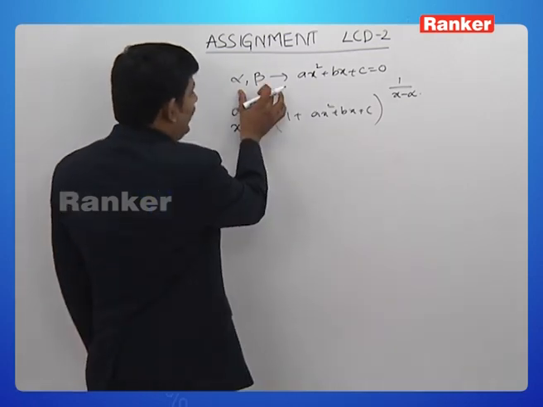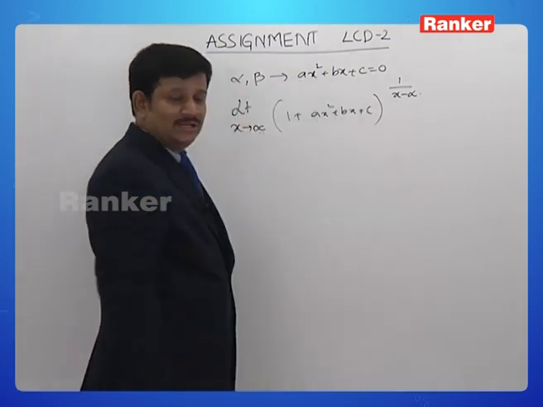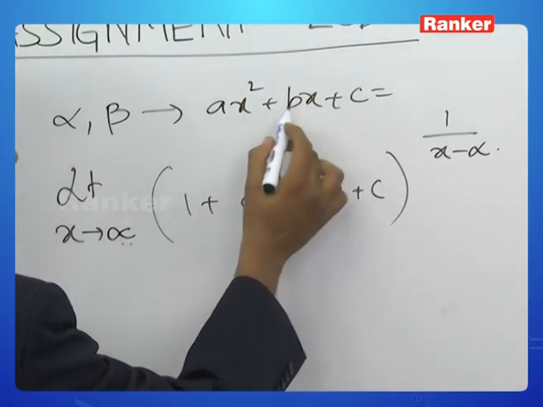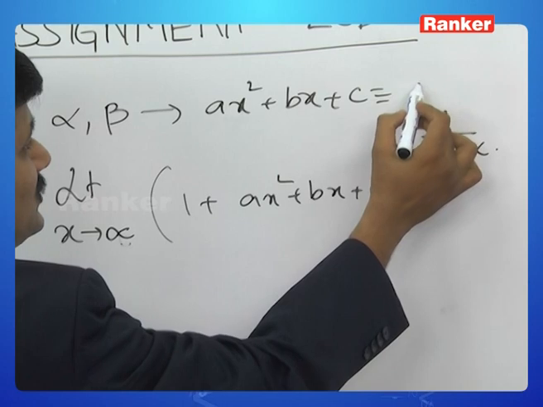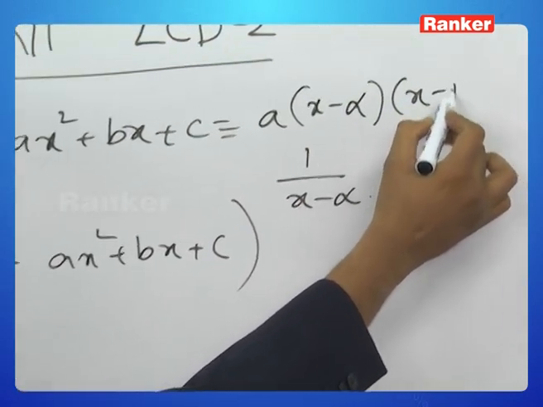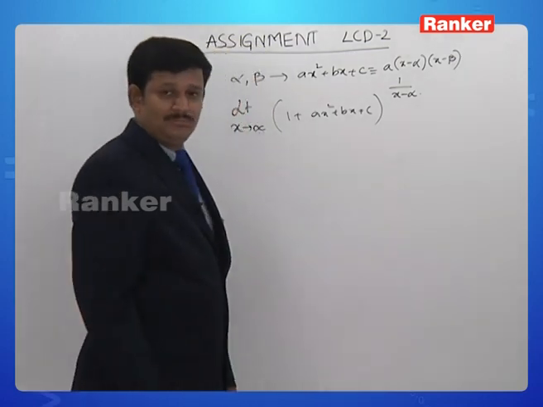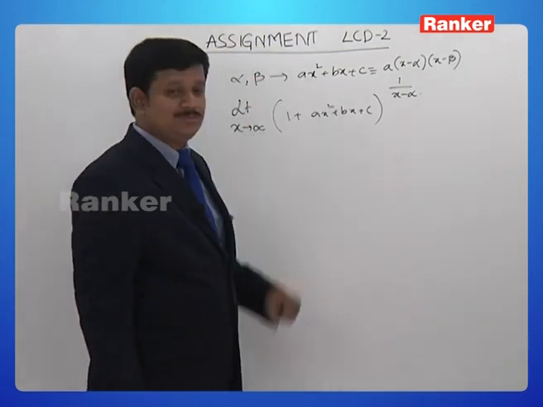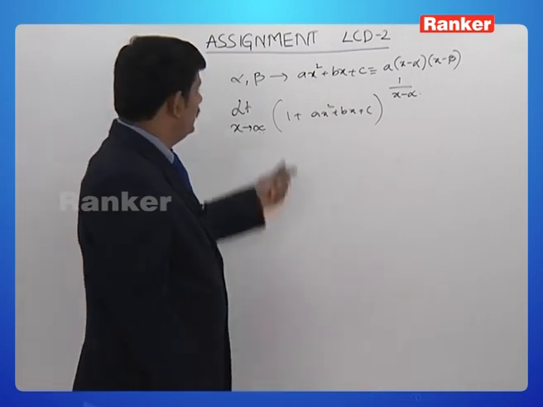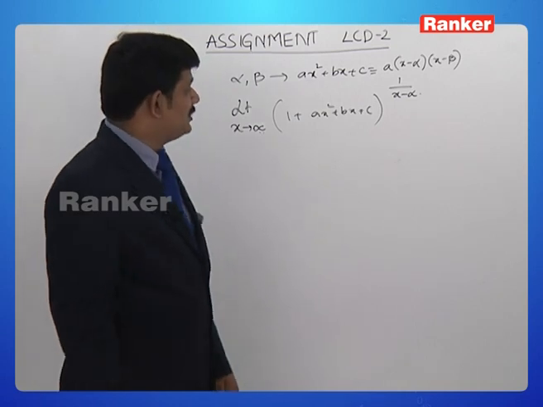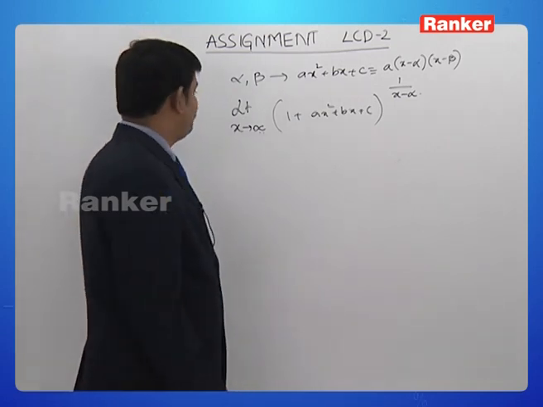So, because alpha and beta are factors, we can write ax square plus bx plus c as a into x minus alpha into x minus beta. From the factor theorem, because alpha and beta are roots of ax square plus bx plus c equal to 0, ax square plus bx plus c can be written as a into x minus alpha into x minus beta.